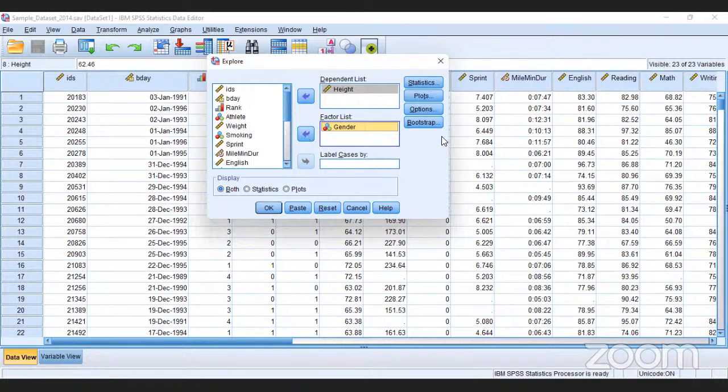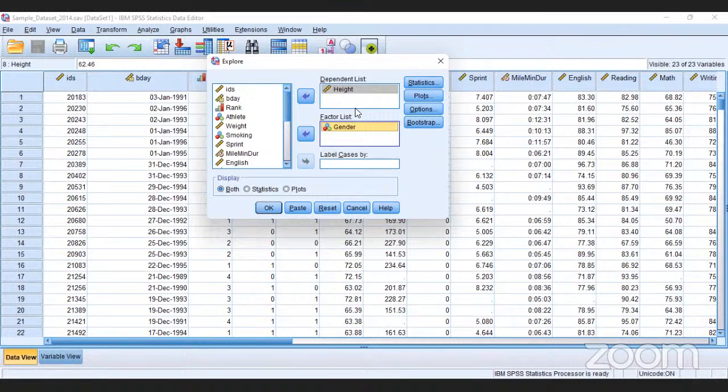So let's compare now the heights vis-a-vis what? Gender. Because we're looking at entire height, both male and female. We want to now separate and keep male on one side and female on the other side and check their heights and see if we'll gather more information that can inform our decision making, right?